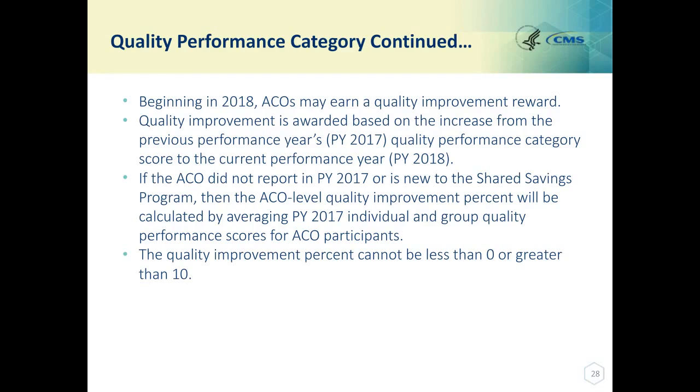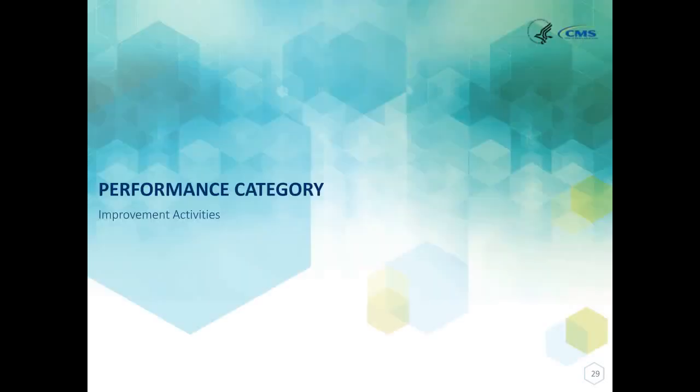So if the ACO did not report in the 2017 performance year, or if you're new to the Shared Savings Program, then the ACO level quality improvement % score will be calculated by averaging the 2017 performance year individual and group quality performance scores for all of the ACO participants in the new ACO. The quality improvement %, however, cannot be less than 0 or greater than 10. Next slide.